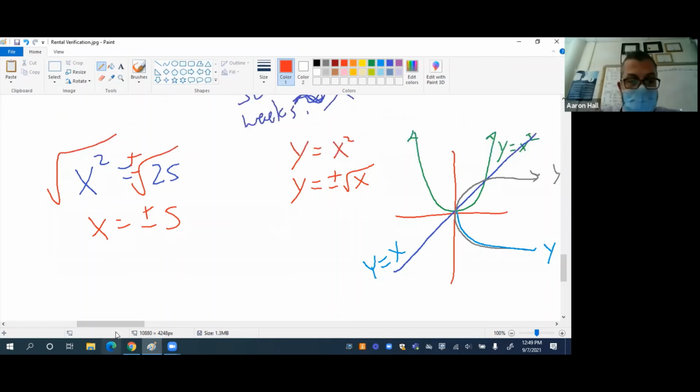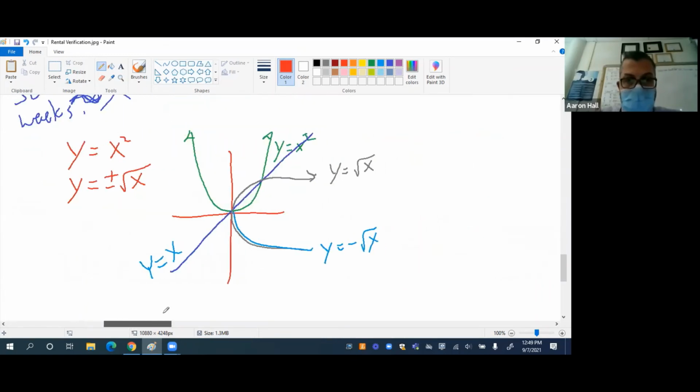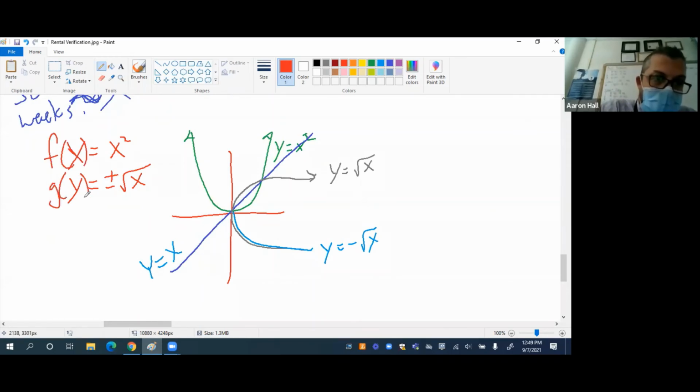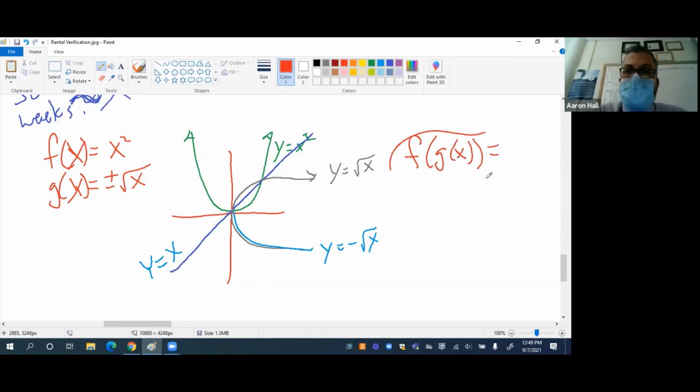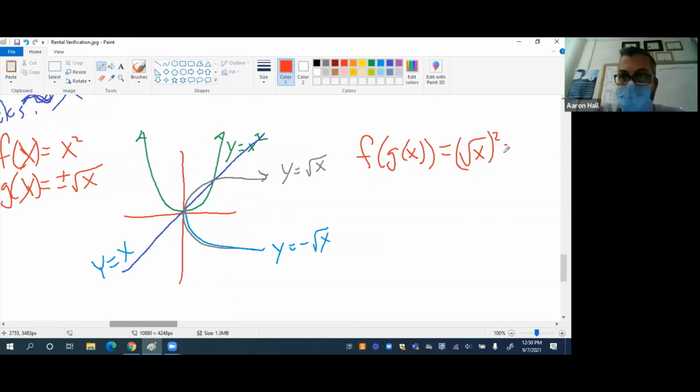What that means, and this is an important connection, is if this is my f of x and this is my g of x, and I take f of g of x, where one function goes inside of the other function, do you remember this from last year? Then that's going to give me the square root of x squared, which gives me x.